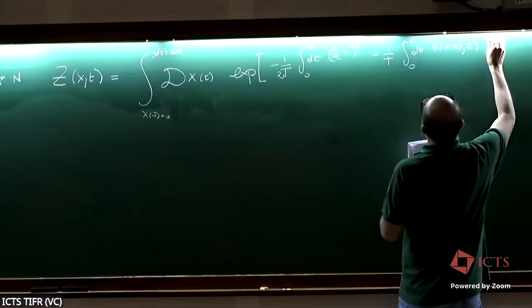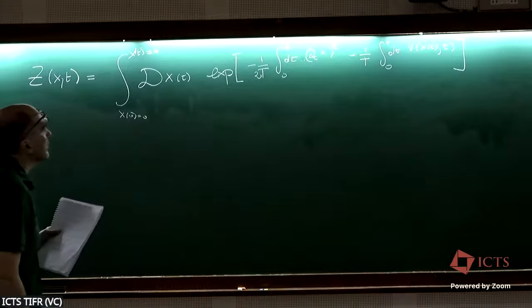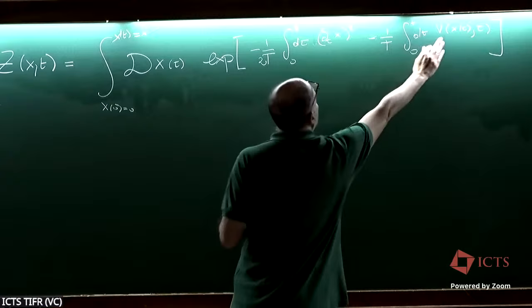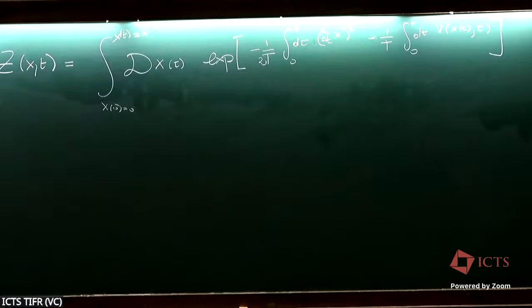And I close this parenthesis, and so this is the partition function. Essentially, we have 1 over t, you can take it out, and the energy is the sum of the two terms.